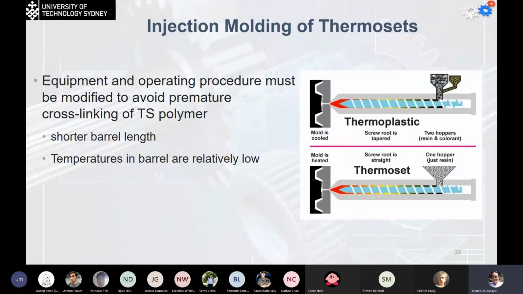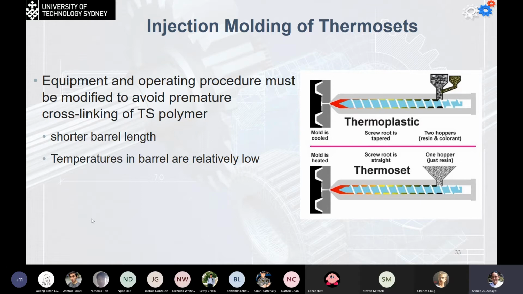The injection molding of thermosets is also possible, as we mentioned earlier, but we need to make some modifications to the machines. This modification, as we mentioned earlier, should avoid the premature cross-linking of the thermoset polymers. That means it's not going to solidify while we are still working on it at this stage, or trying to fill the mold.